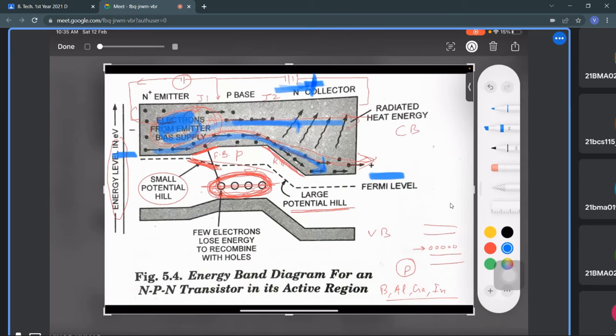Okay, when the electrons from the emitter come out of that, they are going to recombine with the holes at the base, and the remaining electrons are going to be collected by the collector.